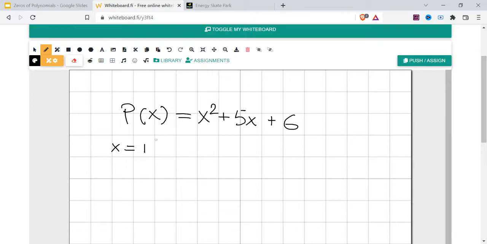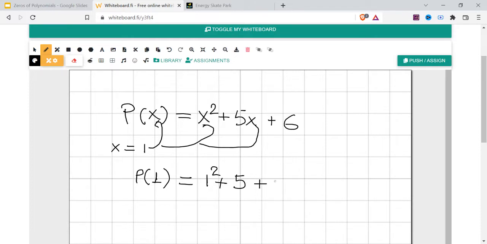Wherever there is x, just put x equals 1. So p of x at x equals 1 will be 1 square plus 5 into 1, 5, plus 6.